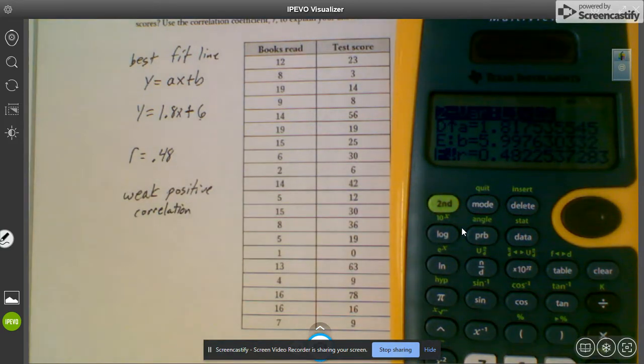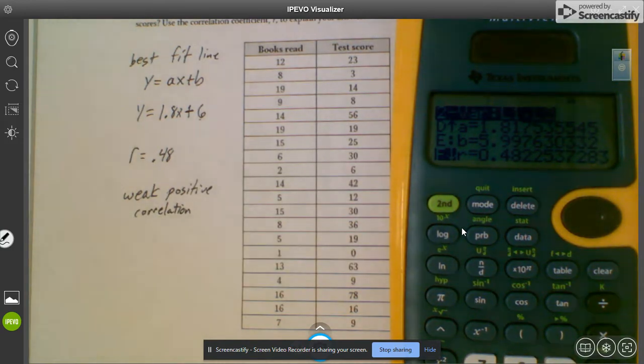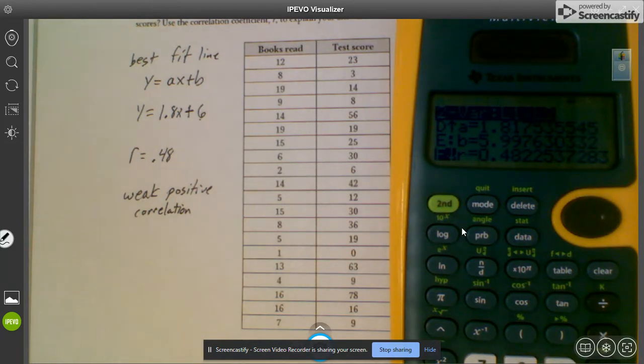Now, I'm going to stop the video here, but one thing I do want to say, and this is probably super important: when you do these calculations in the calculator, you will almost never get a correlation score of 0, right? No matter how scattered the data looks, your calculator is not going to tell you that it's exactly 0, okay?